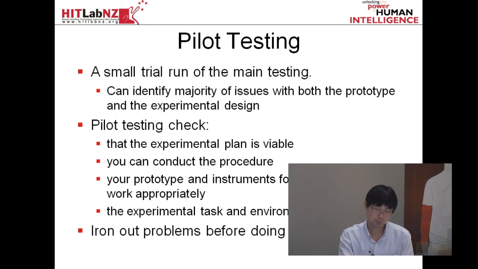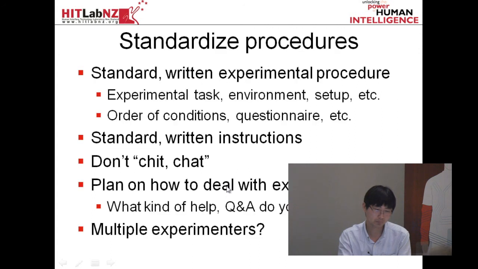And to try to avoid these errors, the best thing is to do a pilot test. So once you've planned out your experiment, try to run it to find if there is any instrumental problem, check the measurements and so forth, and you can iron out those problems easily by running a pilot test.